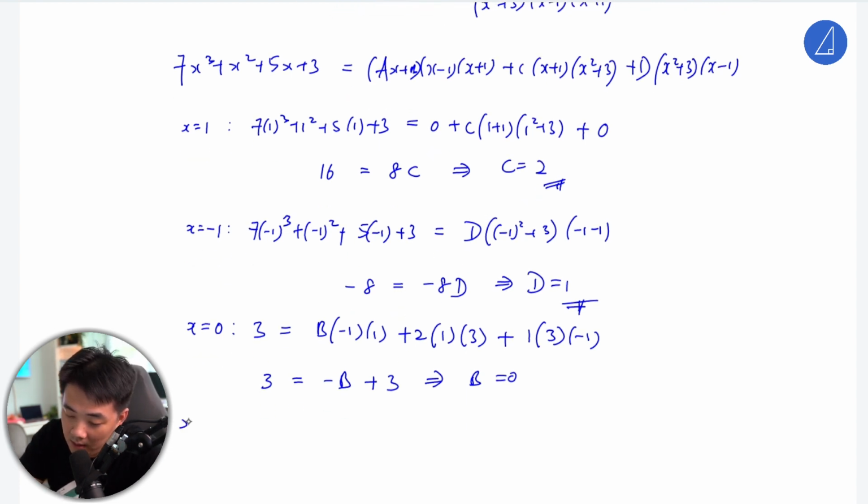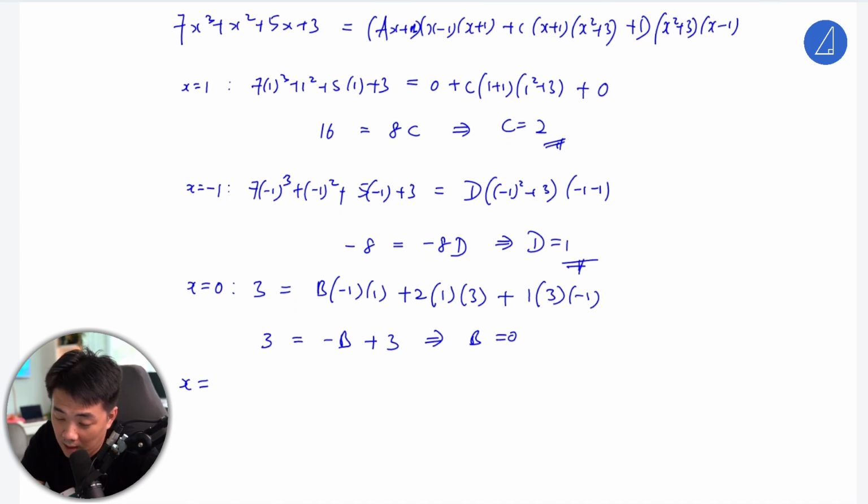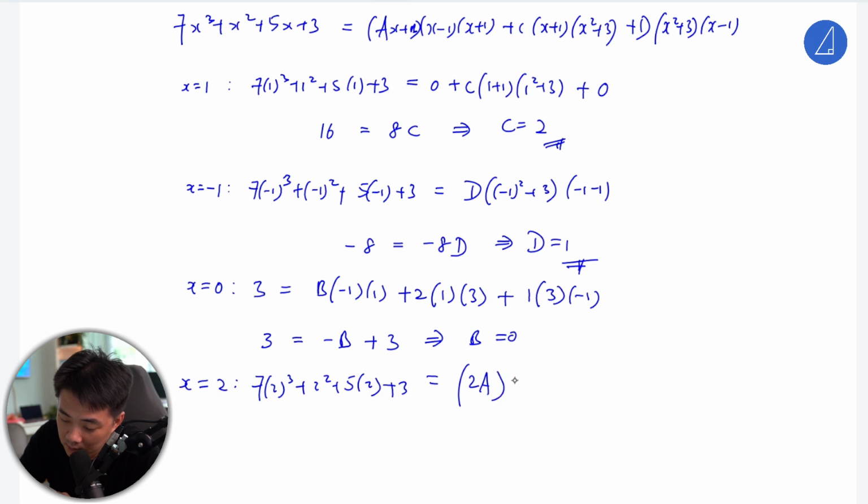Then for x, we've used 1, minus 1, 0, so we can use, say, 2. Using 2 will be 2 cubed plus 2 squared plus 5 times 2 plus 3, which equals 2a plus 0, times 2 minus 1, 2 plus 1, plus c, which is actually 2, times 2, which is x.